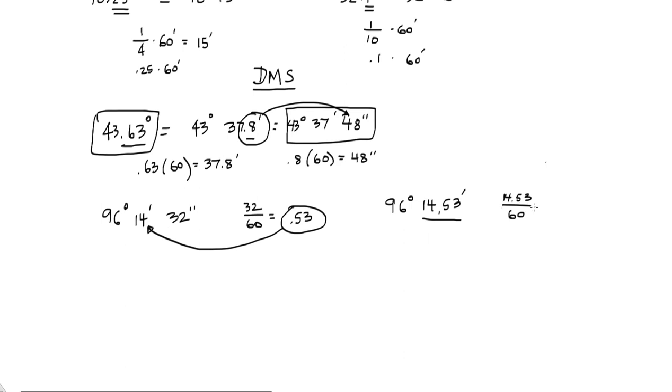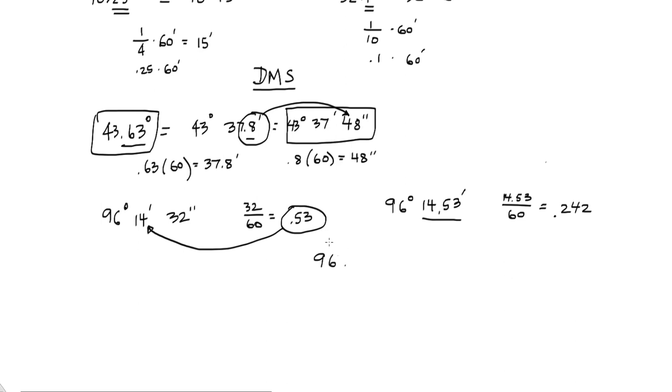Because 15 would be a fourth. You get, and again I'm rounding, about 0.24216 repeating. Okay, 0.242.